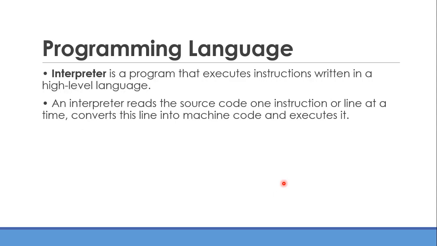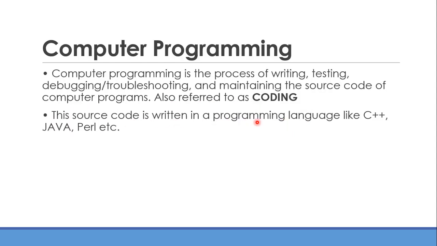Interpreter is a program that executes instruction written in a high-level language. An interpreter reads the source code, one instruction or line at a time, converts this line into machine codes and executes it. Computer programming is the process of writing, testing, debugging, troubleshooting, and maintaining the source code of a computer programs, also referred to as coding.